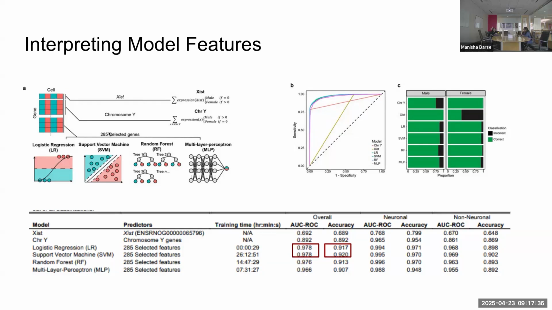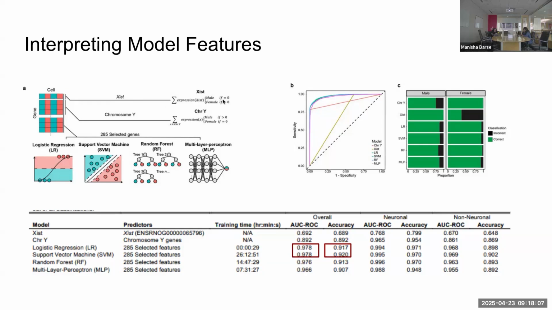In addition to these 4 models, they also have two non-machine learning algorithms, namely XIST and chromosome Y. XIST has the feature information related to the females, that is chromosome X, and chromosome Y is with the features related to the males.